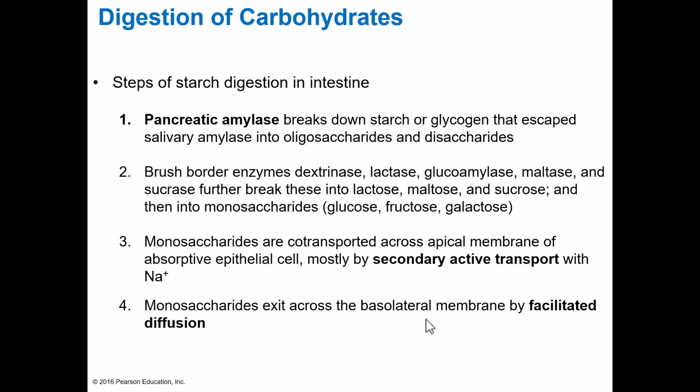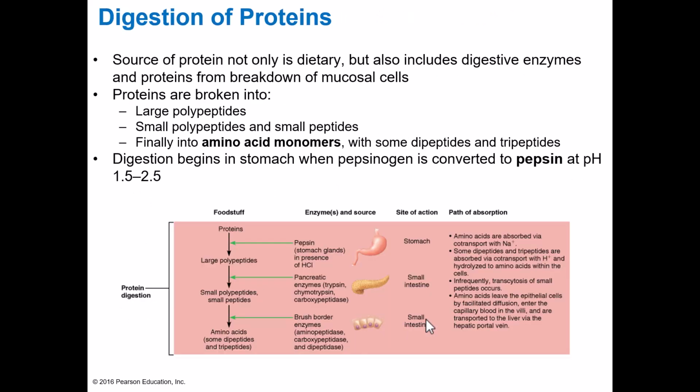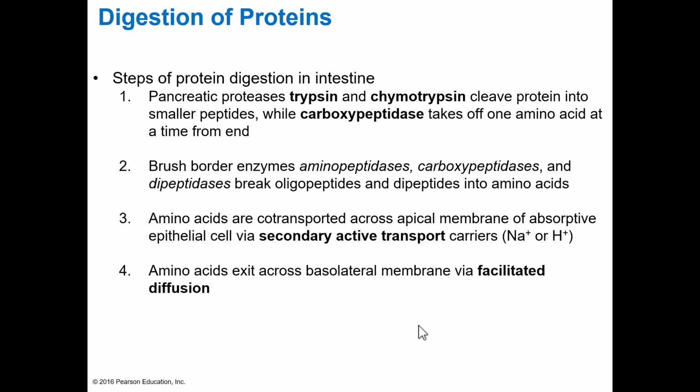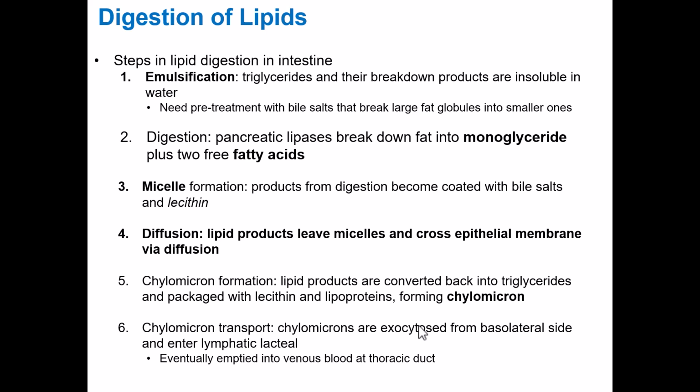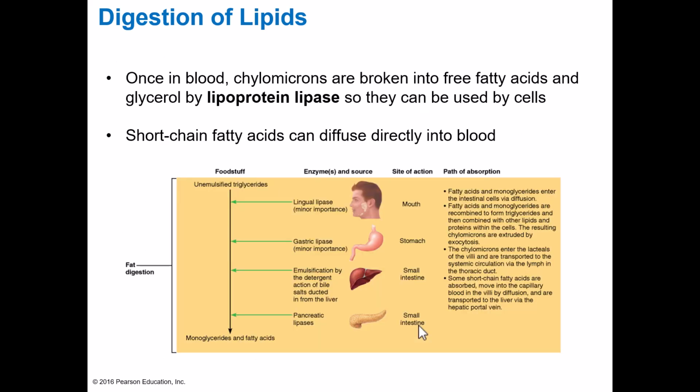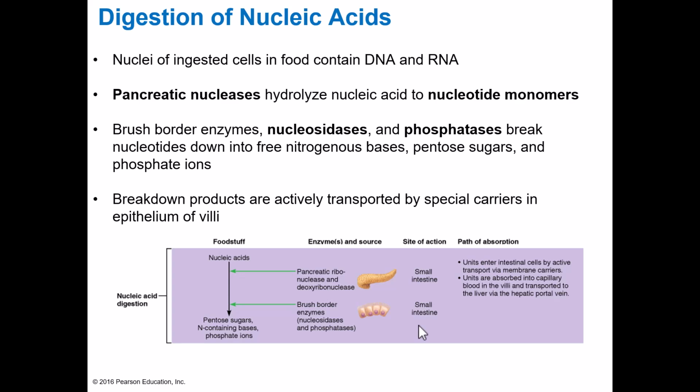And you can do the same thing for proteins. Here are all the enzymes that will digest proteins, and here are all the different GI tract organs where you will find those enzymes. And so therefore that's where proteins can be chemically digested. And the same thing for lipids and for nucleic acids.